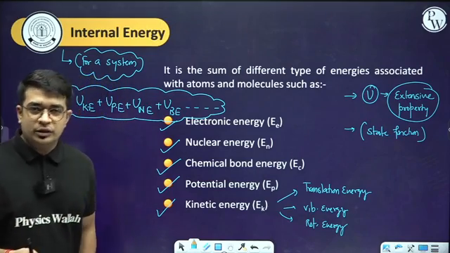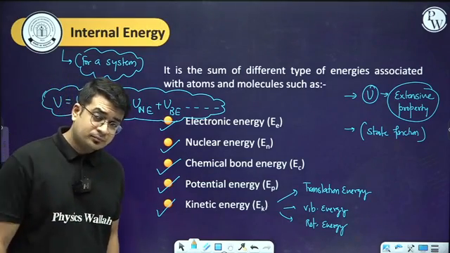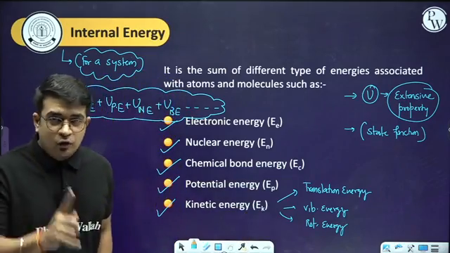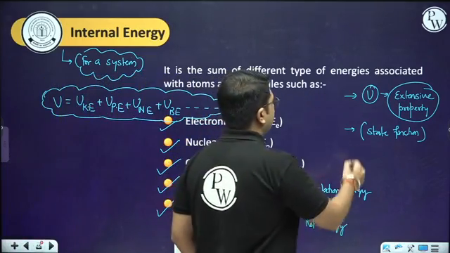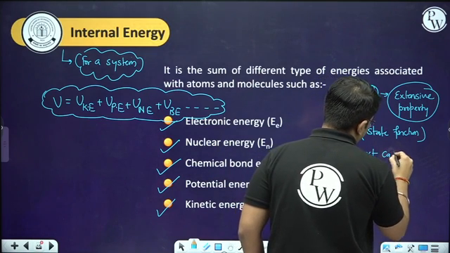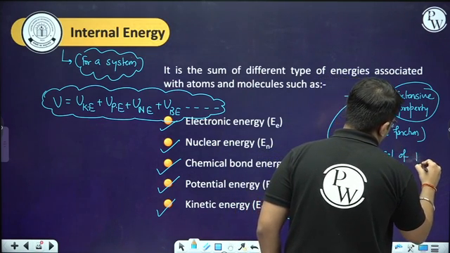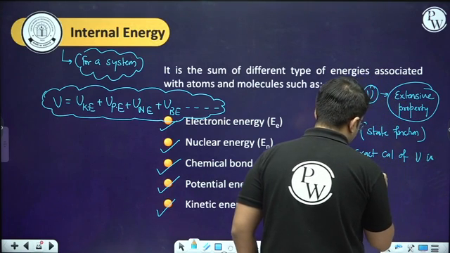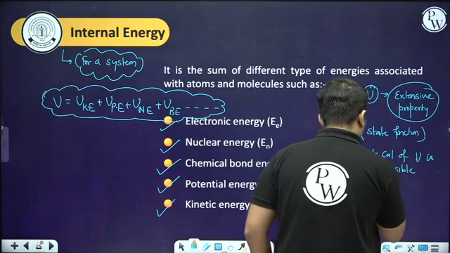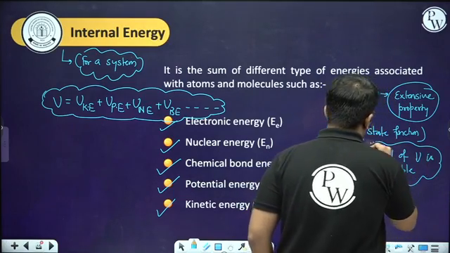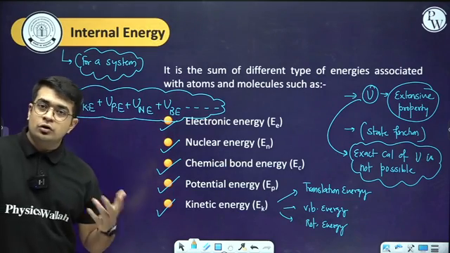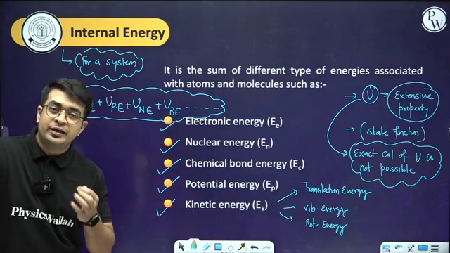It doesn't depend upon the path taken, and the value is always constant. Now remember, the exact calculation of U is not possible. You cannot talk about the exact calculation of U, because it is associated with different amounts of energy. You cannot talk about each and every part of energy very specifically.